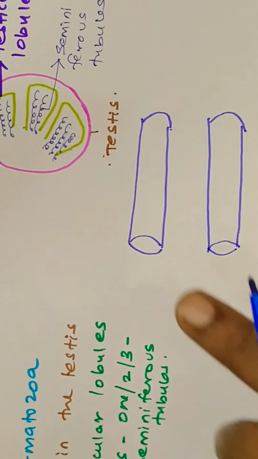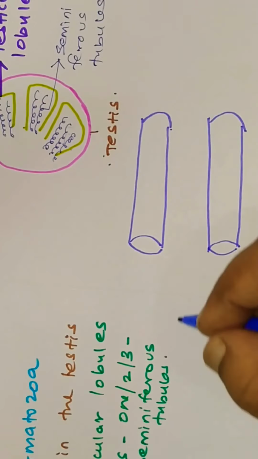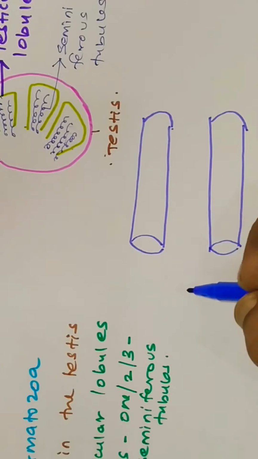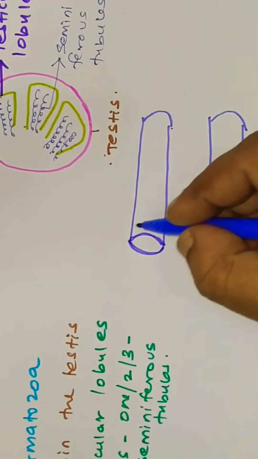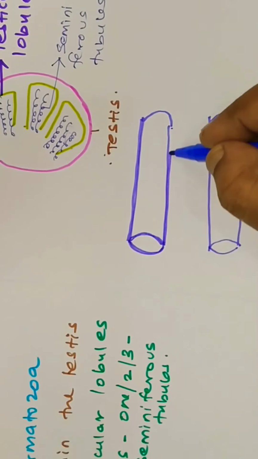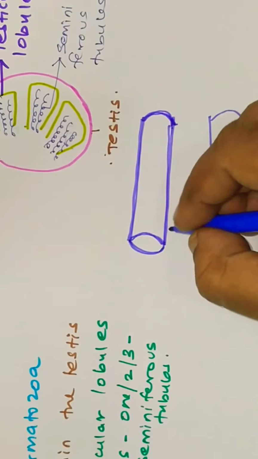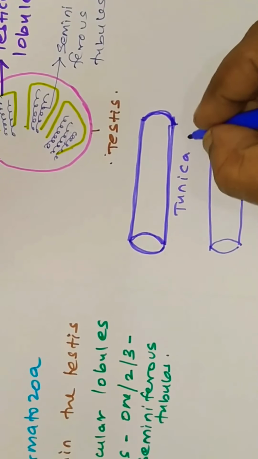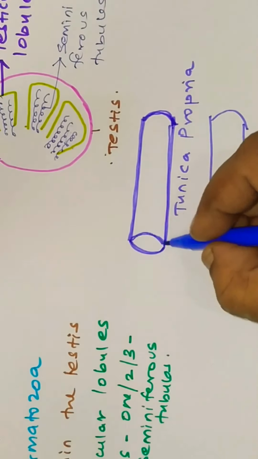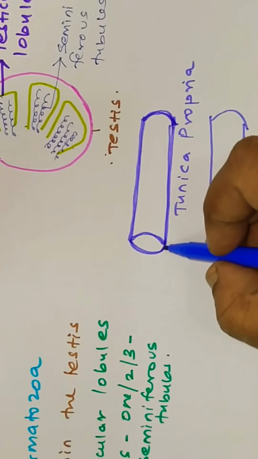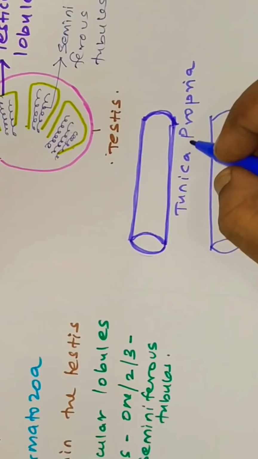Now, each seminiferous tubule is covered by an outer covering. The outer surface of the wall is made up of white fibrous connective tissue.